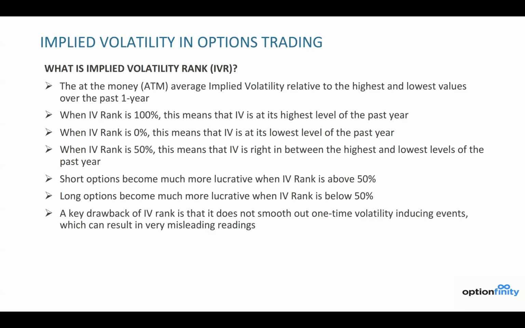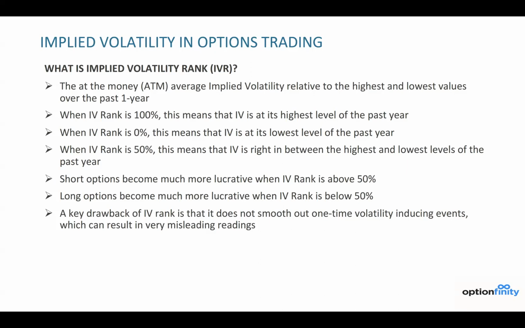Conversely, when IV rank is at 0%, this means that IV is at its lowest level of the past year, and options should probably be bought hand over fist, unless, of course, IV rank is 0% because of an event such as Microsoft acquiring Activision, wherein Activision stays in a very, very tight range of prices for a long time before the deal is consummated, right?